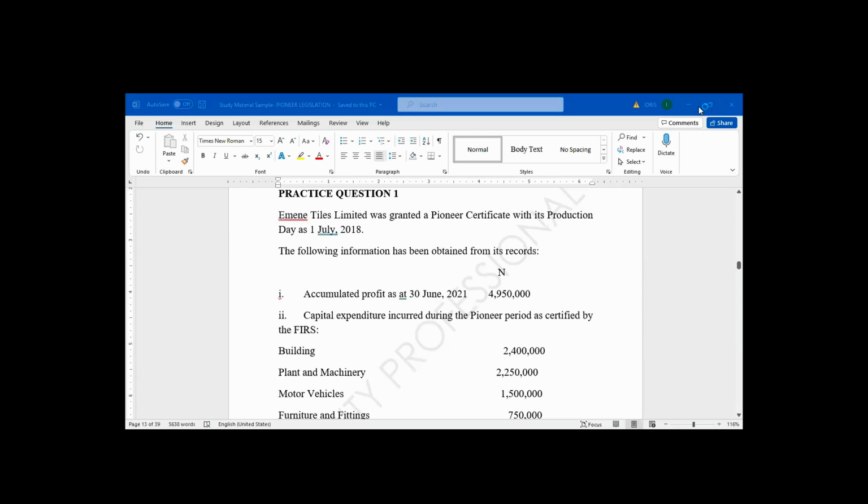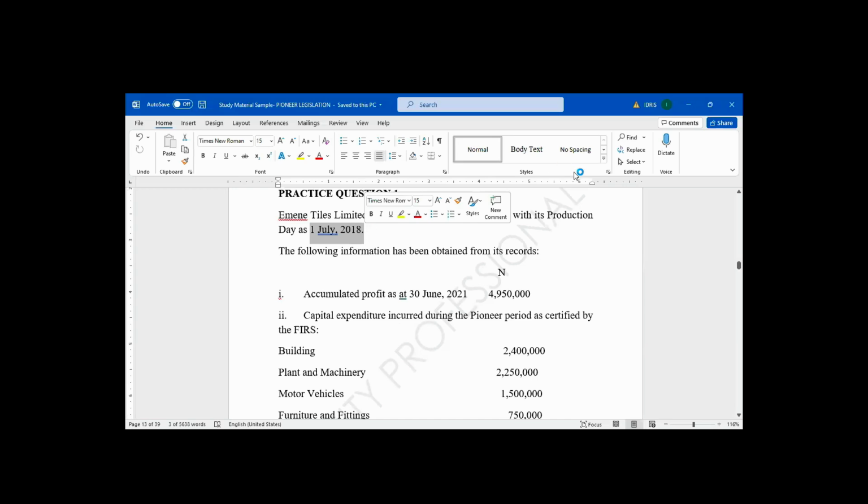Okay, thank you. So going back to this question now, the Pioneer period starts from 1st of July, and by 30th of June 2019, that will be 1 year. 30th of June 2020, that will be 2 years. While 30th of June 2021, that will be 3 years.